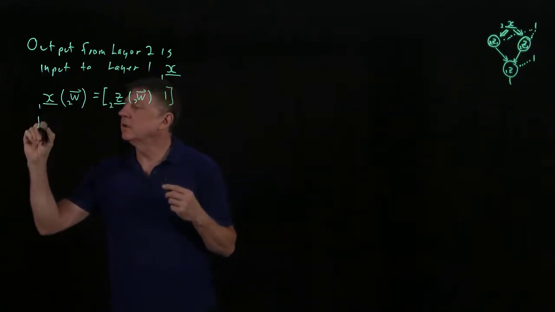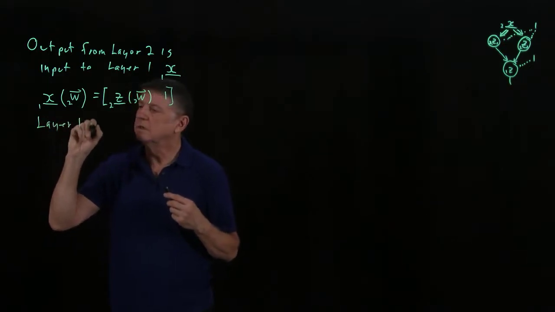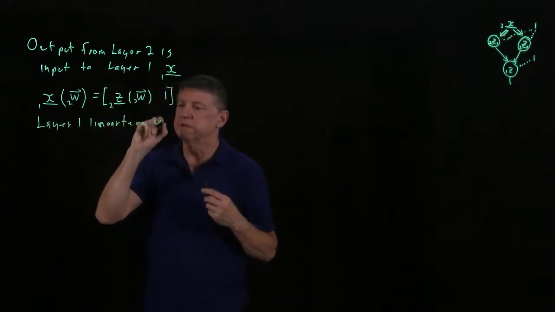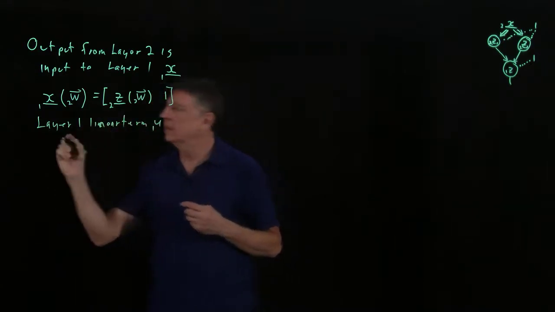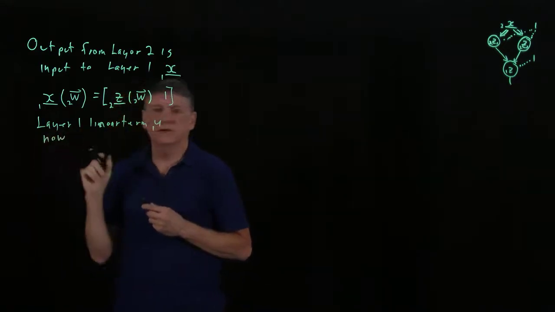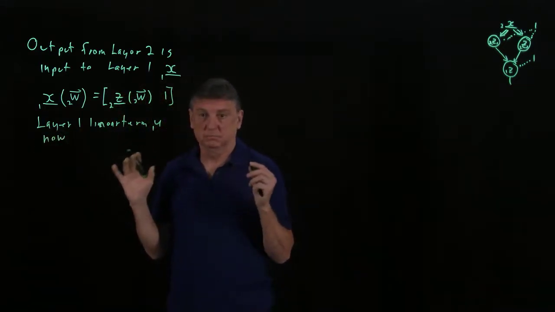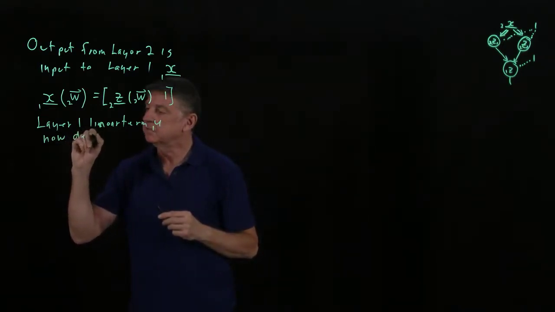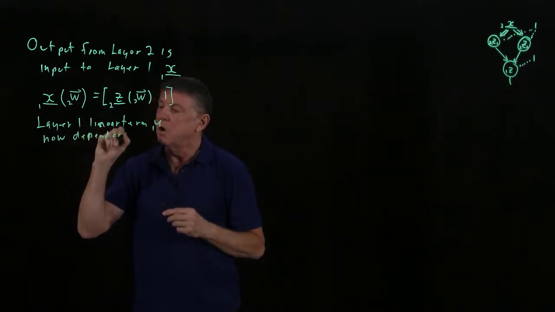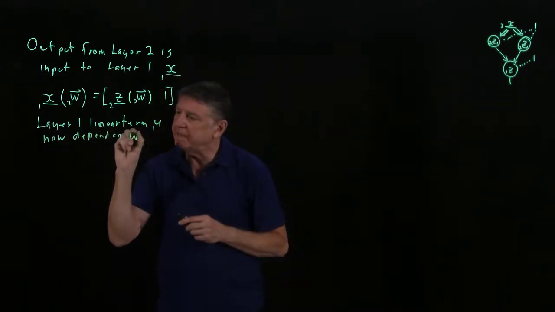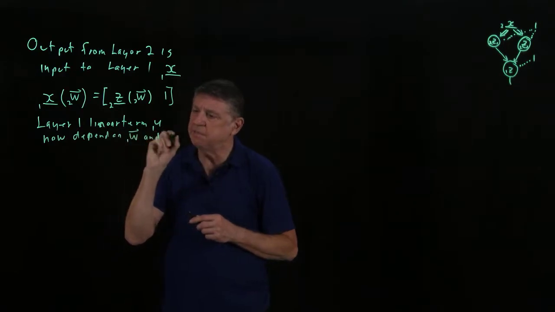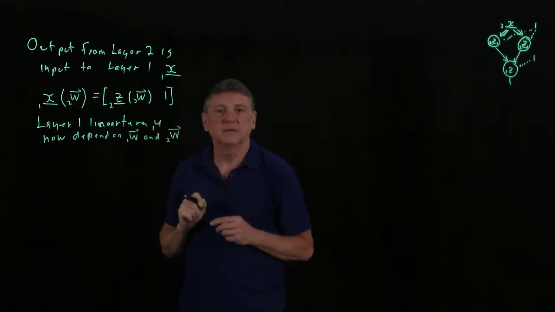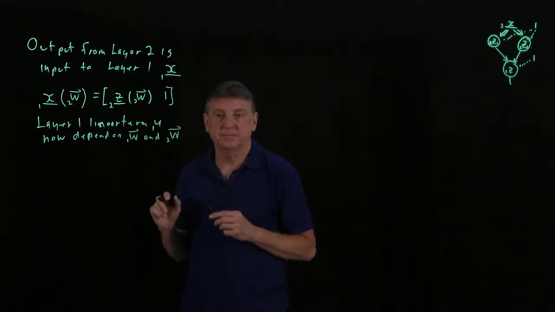So the layer 1 linear term, which is U1, unlike our case with a single neuron, when this was the only neuron in the computation, this now depends on its weights, and it depends on all of the weights of hidden layer 2 gathered together.